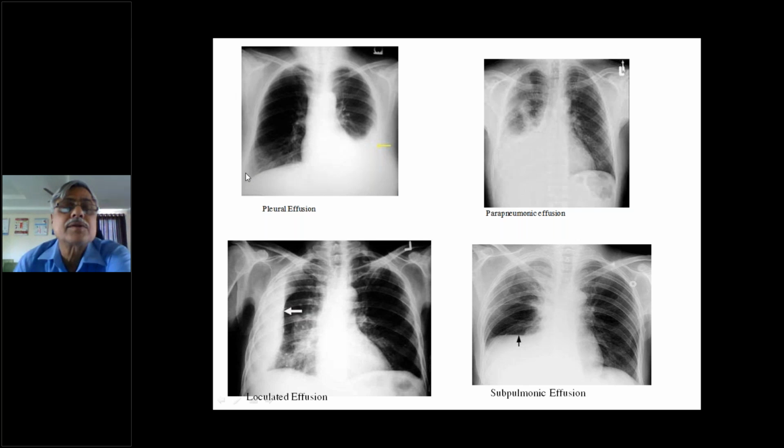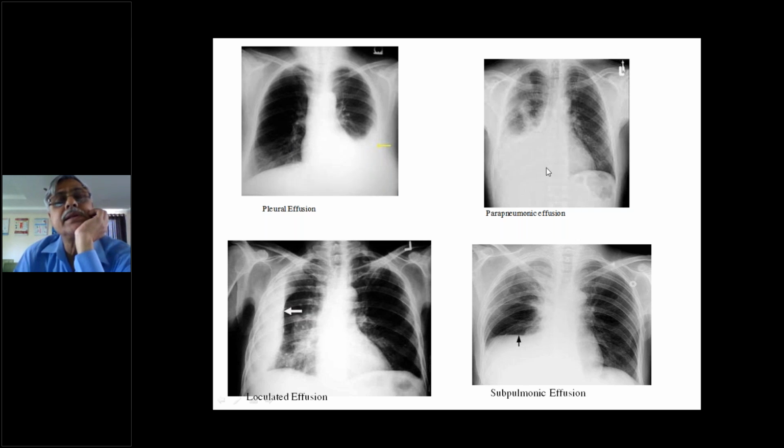This side, there is no costophrenic angle; the costophrenic angle is obliterated. And you will find homogeneous opacity on the lateral side, with the concavity pointing toward the center. That is the X-ray finding.